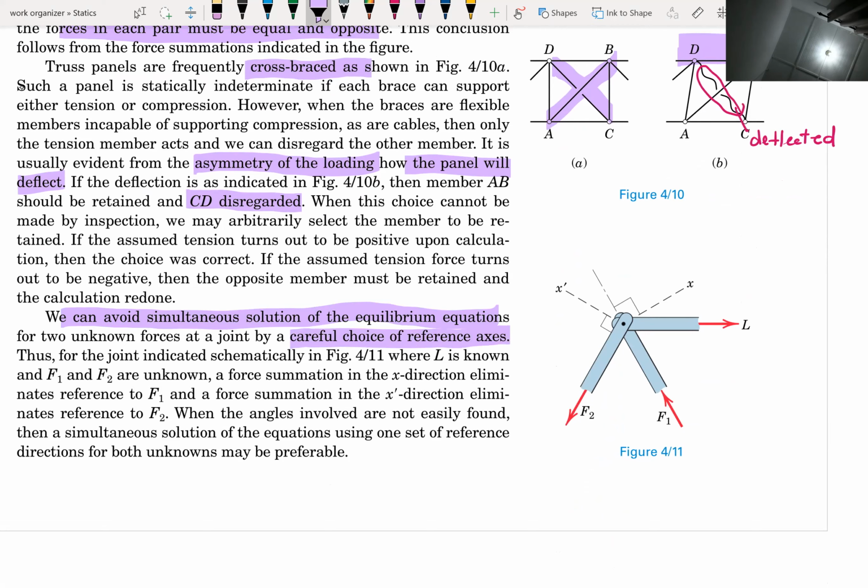In this case, let's say we use this one as the axis.